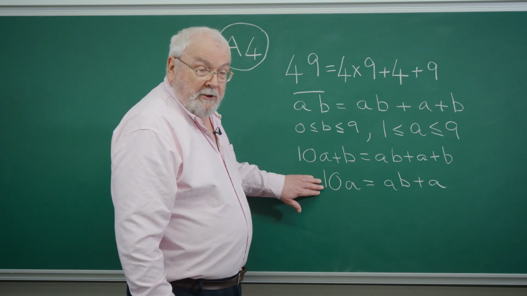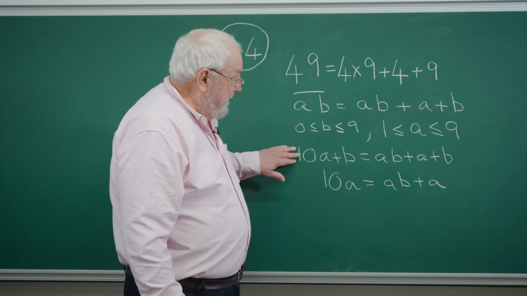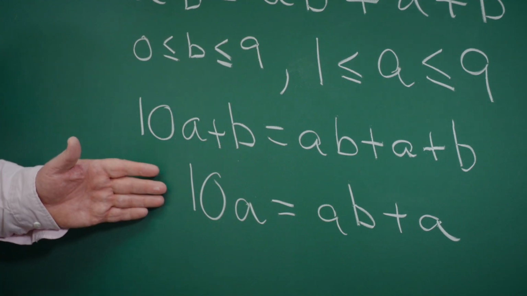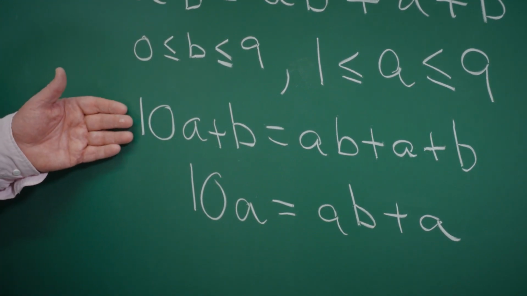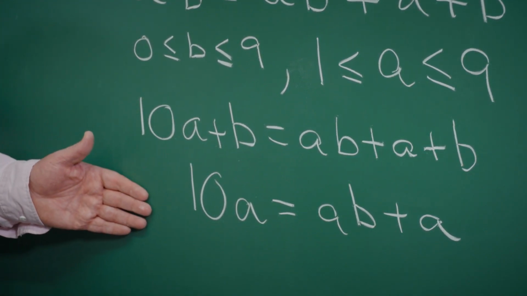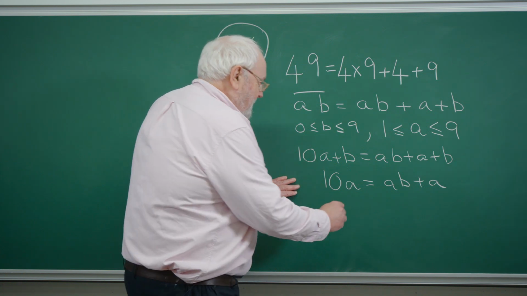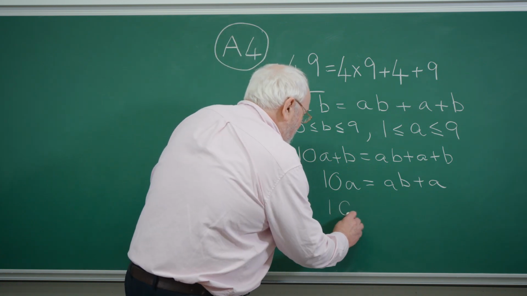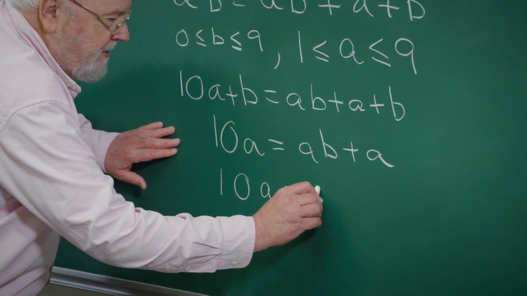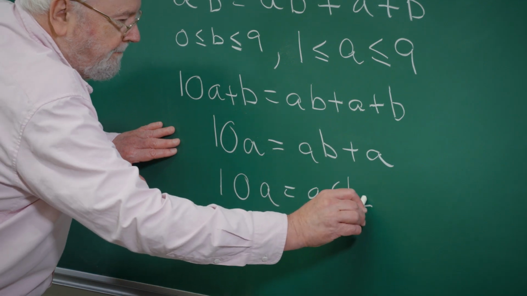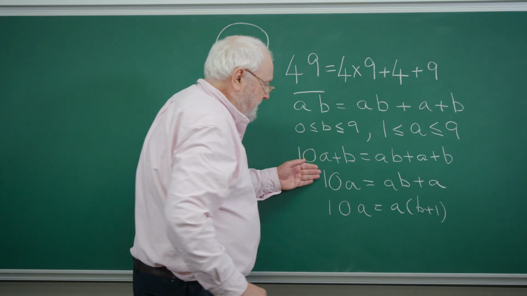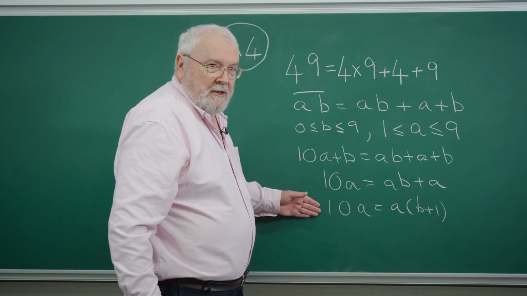From this equation, we could add B to both sides to obtain the equation above. So the two equations are logically equivalent. To say one is to say the other. So we can write the right-hand side as A times B plus 1.